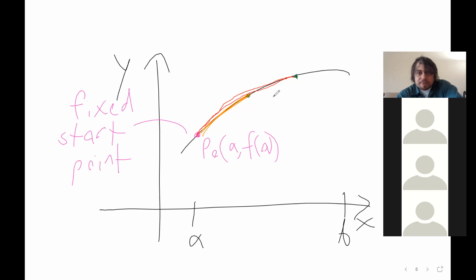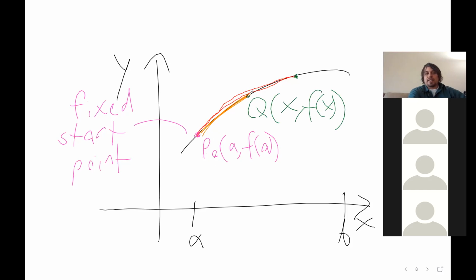And then the final point is any other point you choose. Let's say you call Q the variable point, the point you choose arbitrarily on the curve. That point will have an x coordinate, and its y coordinate will be the height of the curve at that point x. So here's one choice of Q, x comma f of x.